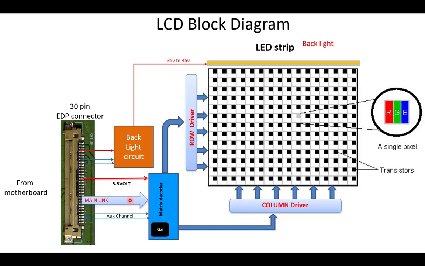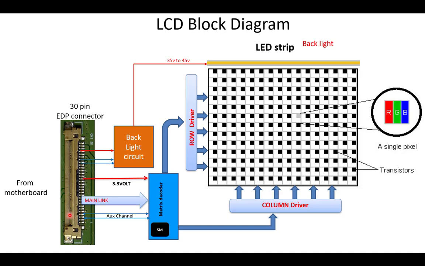The AUX channel means that before the graphic chip sends data, it sends this AUX signal to the screen. It communicates with the screen and checks the resolution and size of the screen, takes all the information and informs it back to the CPU.